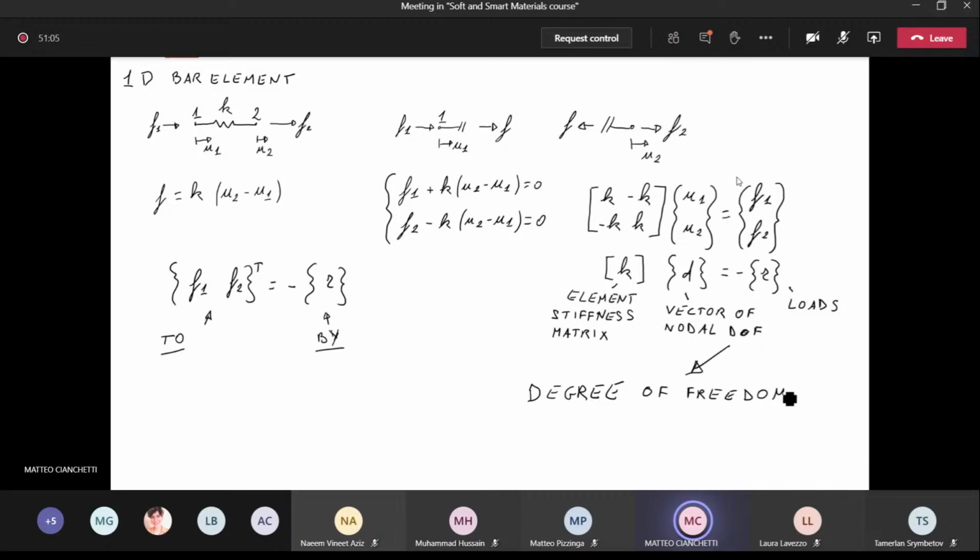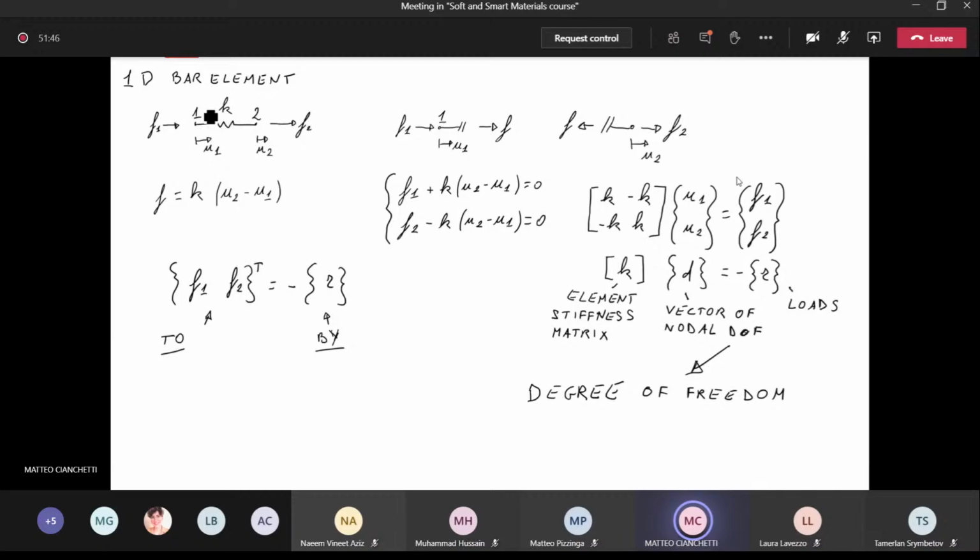For those of you who are not familiar with kinematics or the very basic concepts of robotics, degree of freedom is related to the capability of defining a node through a specific parameter. In our specific case, a node is defining an element, like the example that we saw here. This is an element defined by two nodes, 1 and 2.